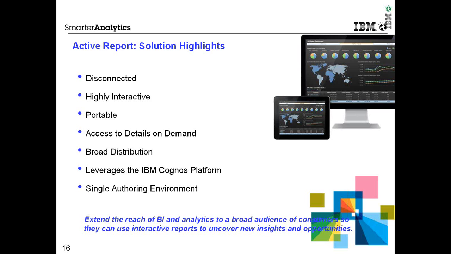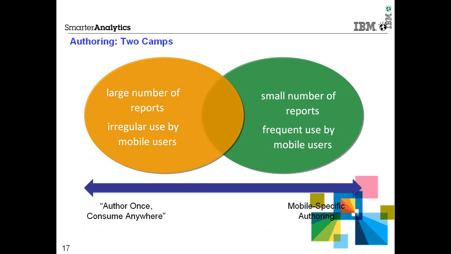To create those active reports, you do not need to go anywhere, you just use the existing Cognos BI platform, with its existing security. It's a complete single authoring environment, all available to you in one shot.